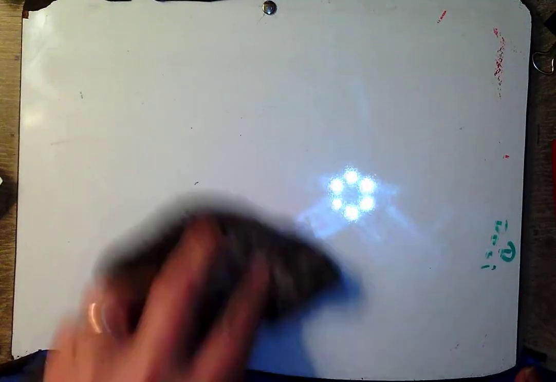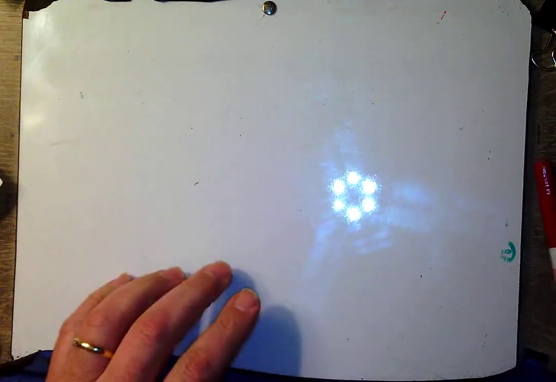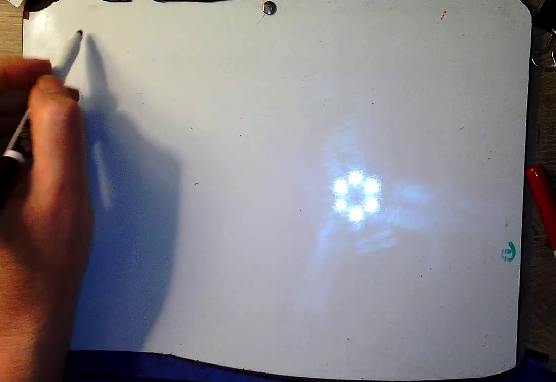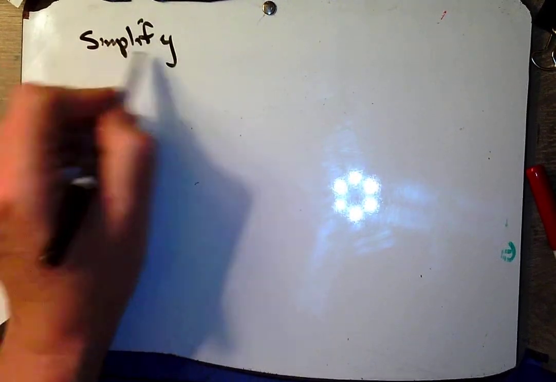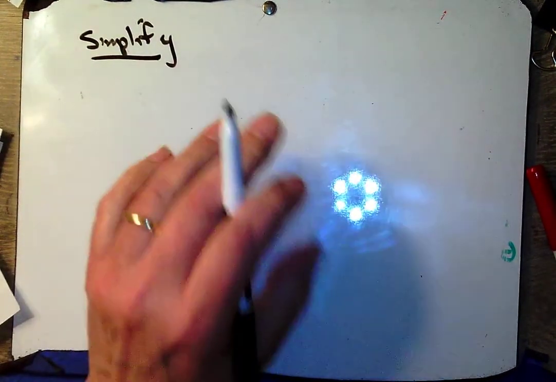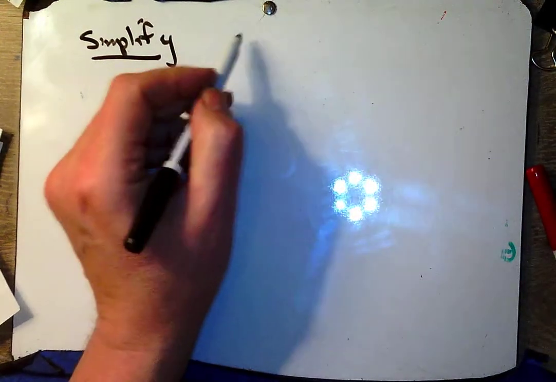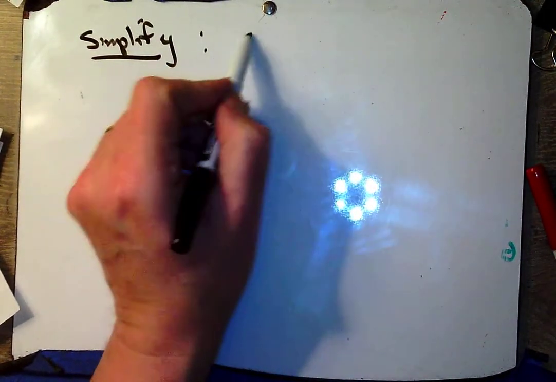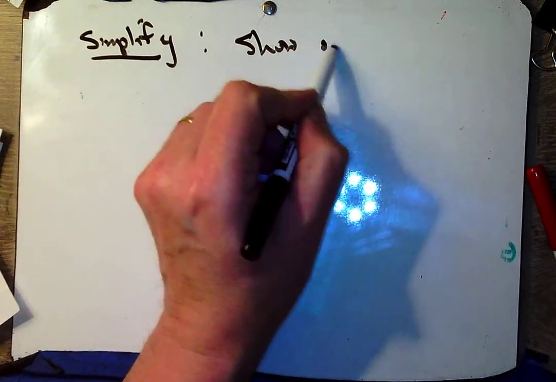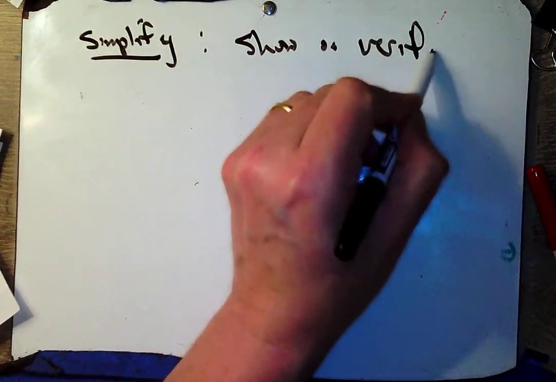All right, now let's use those identities, okay? Let's use them. And we want to simplify is generally what we see as notes here, or maybe in this case we'll say something like show or verify.